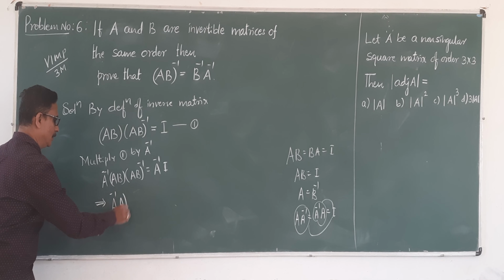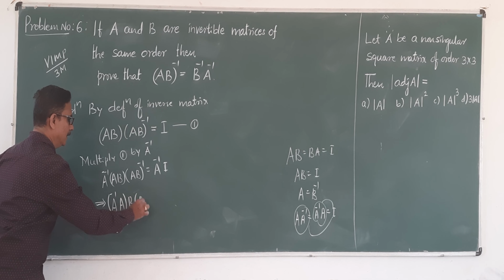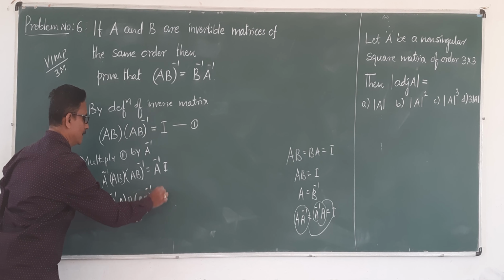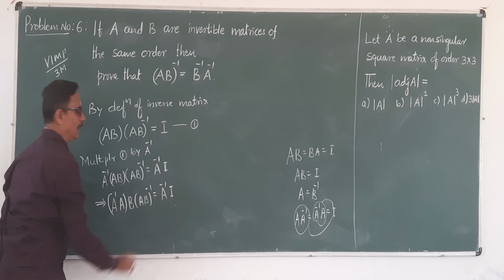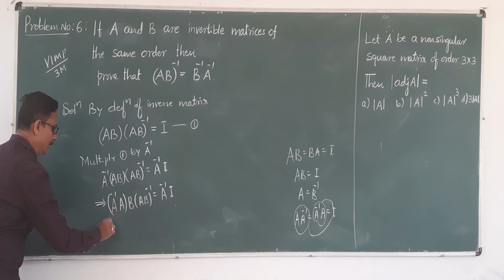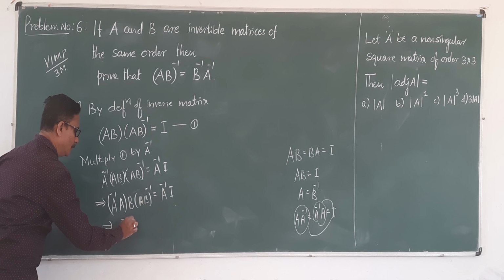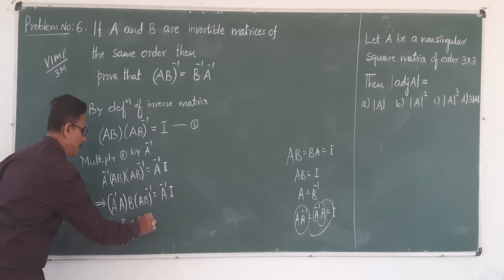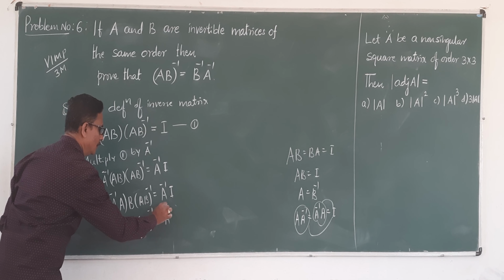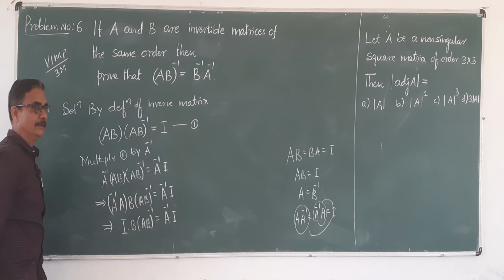A inverse into A into B into AB inverse is equal to A inverse into I. Right? Implies, but A inverse into A, that is I, into B of AB whole inverse is equal to A inverse into I.